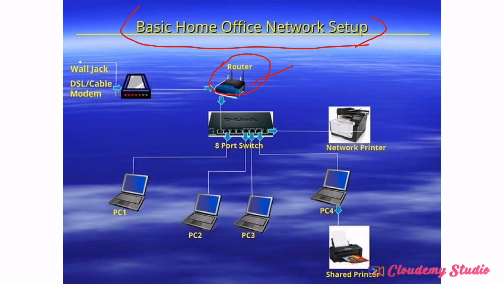If some of the computers here use wireless, fine, but the main reason why there is this D-Link 8-port switch here is to make sure that this switch alone gets the internet from the router through 1 port. As you can see, this arrow here connects the internet to this switch. Then this switch, having the internet from the router, supplies it to all these computers as well as the network printer there.